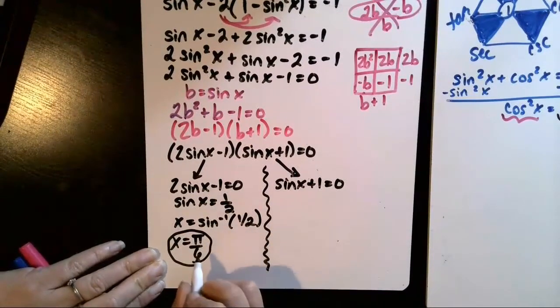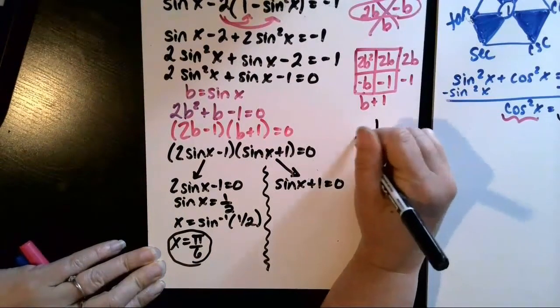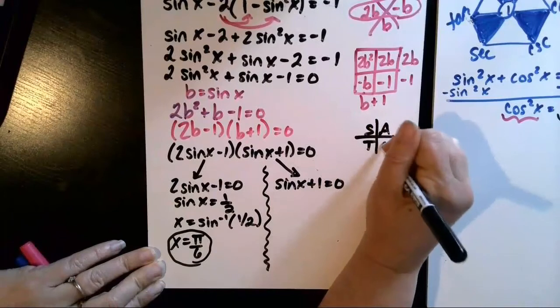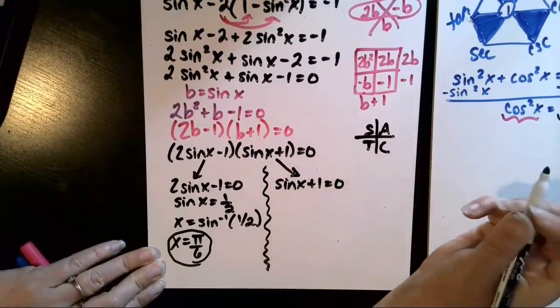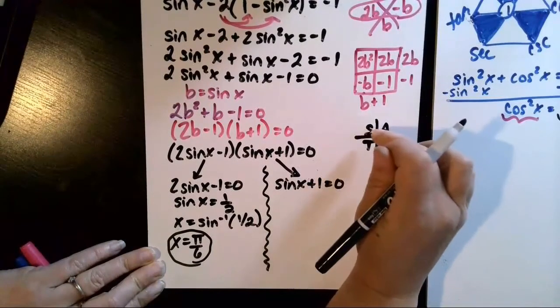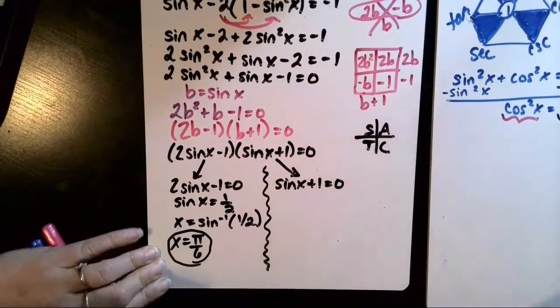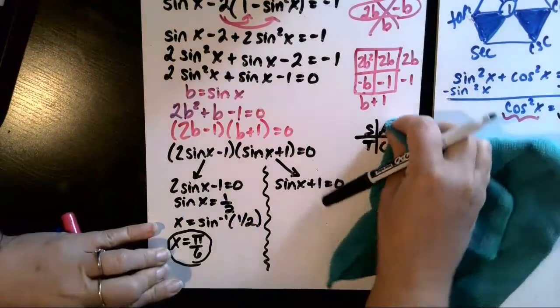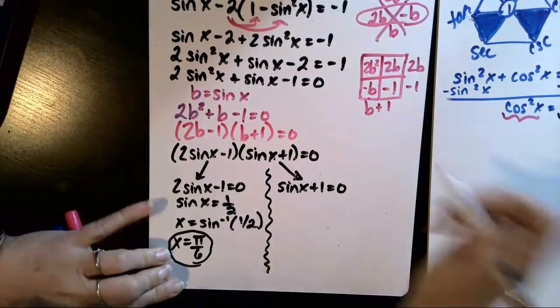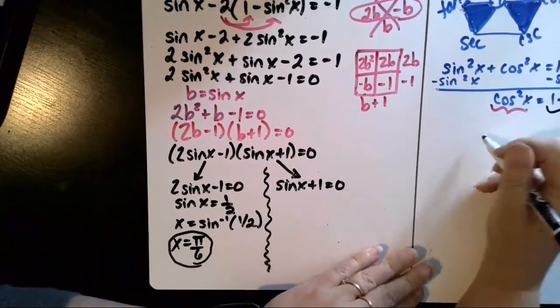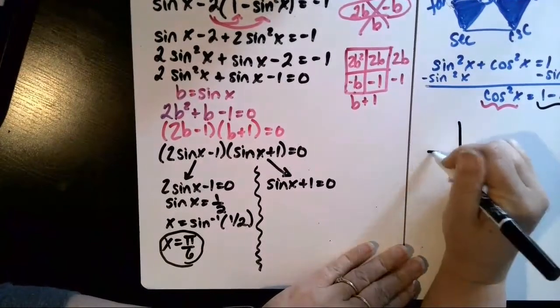Okay, now that's an answer from the first quadrant though, and if you remember, All Students Take Calculus. There is another place in quadrant 2 that has a positive sine value. So if we have our quadrant 1 answer, we need to reflect that into quadrant 2. So we'll do that over here where we've got some room.